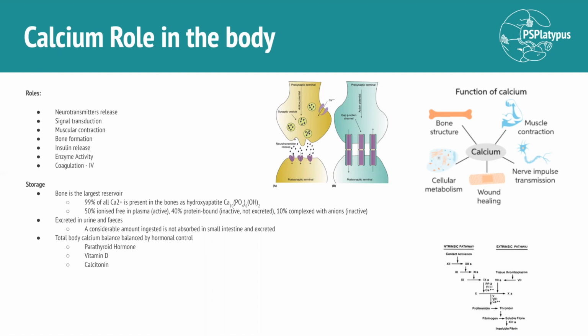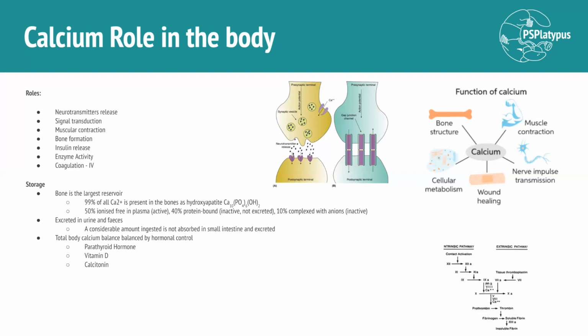And therefore, if calcium isn't regulated correctly in the body, we'll have problems in all these areas, leading to many systemic symptoms. So where is calcium stored in the body? Well, calcium is stored basically completely in the bones, with 99% of all calcium present in bones, specifically in higher concentration in our longer bones as well as our larger bones, as there's just more mass there.